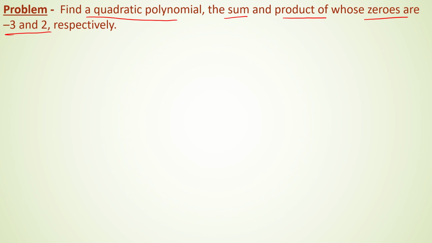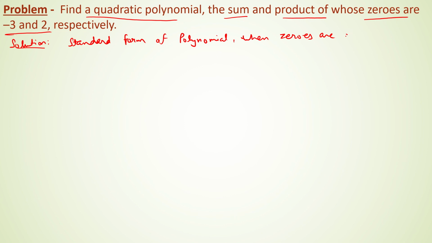See here, we know that the standard form of a polynomial when zeros are given is given by p(x) equals k times x square minus alpha plus beta x plus alpha into beta. This is the first equation.